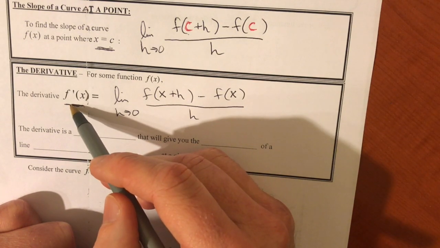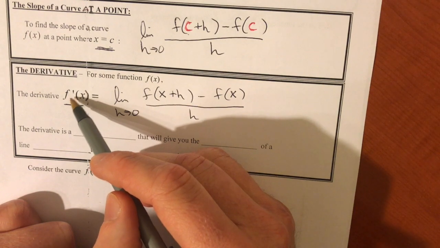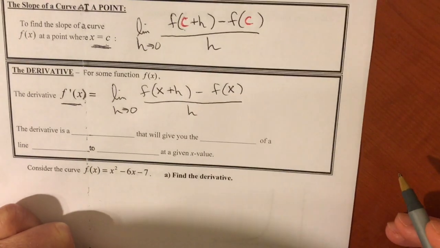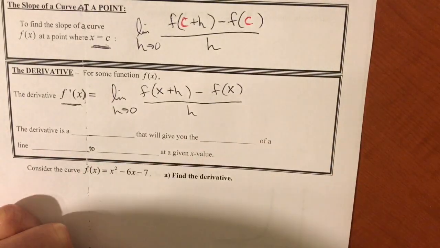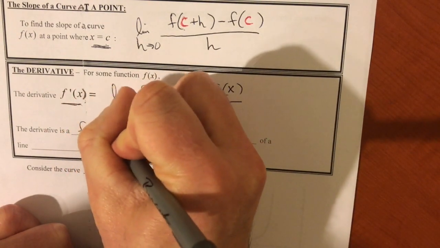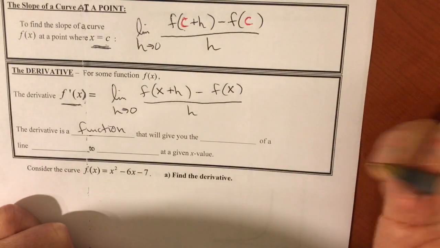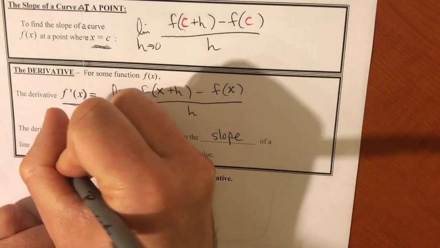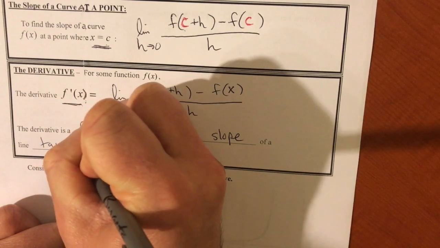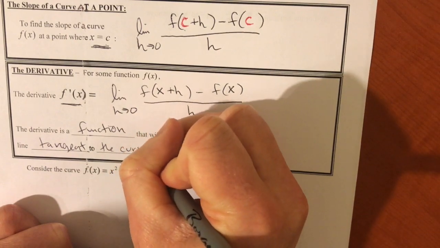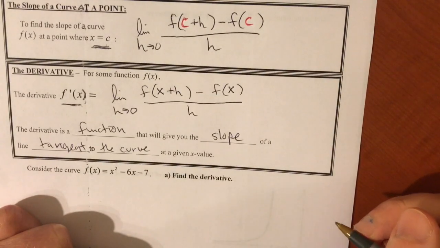And to denote that it comes from f of x, but yet it's a different function altogether, they put this apostrophe here, read as f prime of x. So what a derivative is, it's a function. Generally you can think of it as a slope function, but it's a function that can be used to give you the slope of a line tangent to a curve, or the slope of the curve itself, at any given x value.